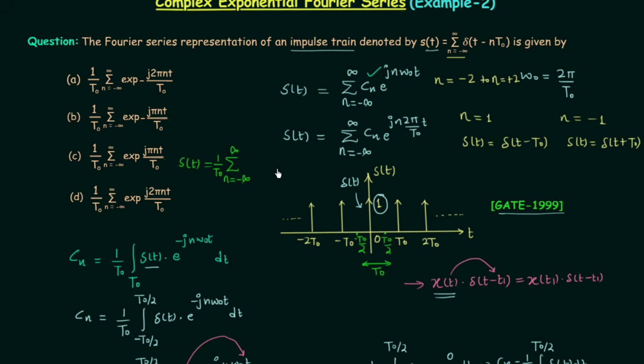In place of e we will write exp representing exponential signal, and rearranging this we can write j 2 pi nt divided by t0. So you can clearly see option D is the correct Fourier series expansion of the given impulse train S. So I hope you now understand the complete process to find Cn and then finding out the Fourier series expansion.